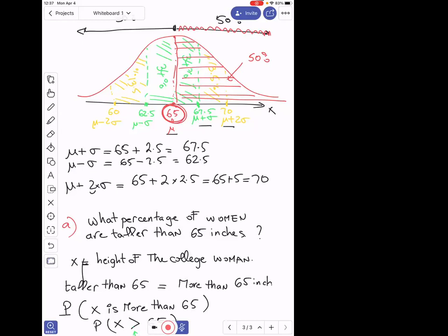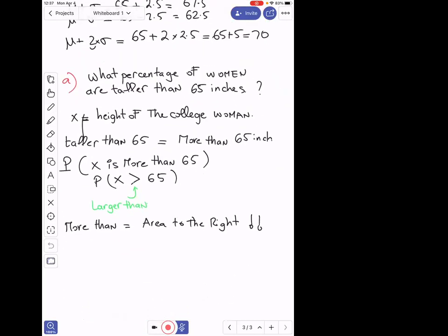Okay, so this percentage, because this is the mean, then the percentage or probability that x is more than 65. So again, this means more than or larger than 65.